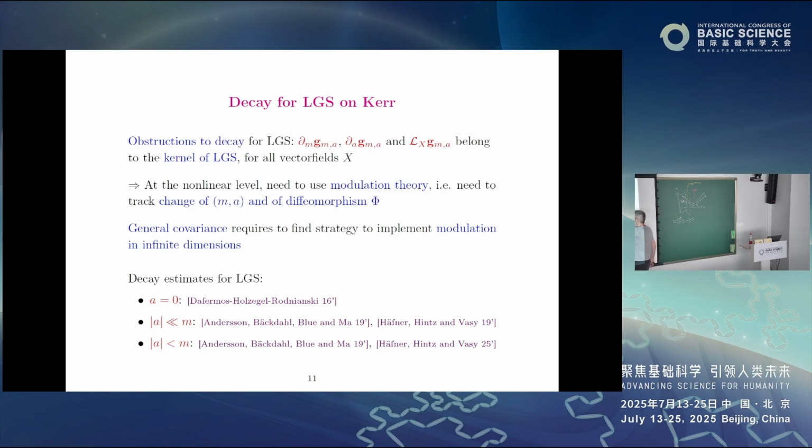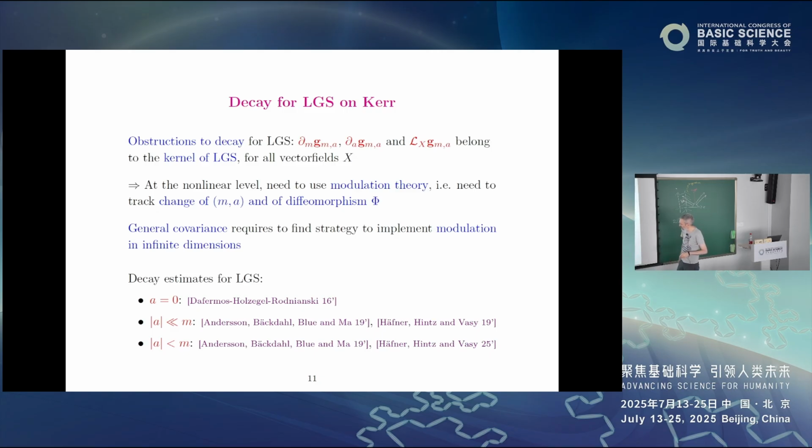And this usually goes under the name of modulation theory. One of the most interesting aspects of this problem is that, due to general covariance, you have to find a strategy to implement modulation in infinite dimensions, and I hope to come back to this. Let me see how much time I have. Okay, and in the end, let me conclude.